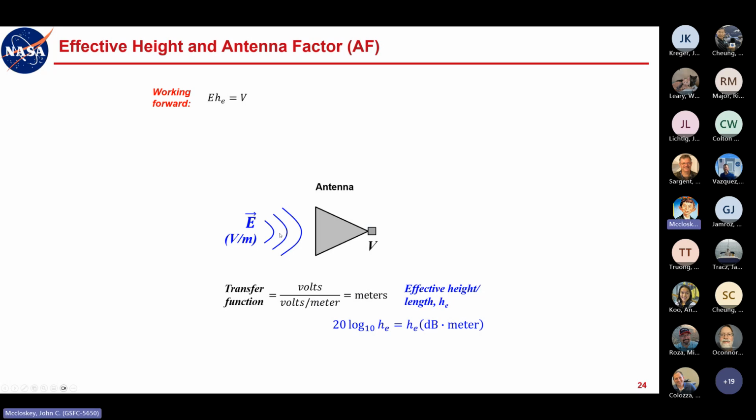That is being converted into a voltage, a potential that your downstream circuitry will then measure. The conversion between the electric field and the potential is the effective height. So numerically, it's E times h_e gives you voltage. Or in dB space, it's the electric field in dBµV per meter plus the effective height in dB meters gives you the potential.